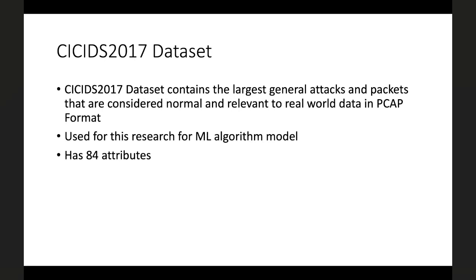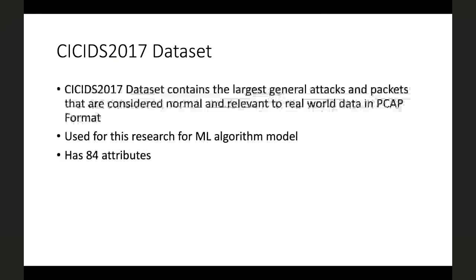In this research, we use the CICIDS 2017 dataset. The CICIDS 2017 dataset contains the largest general attacks and packets that are considered normal and relevant to real-world data in PCAP format.